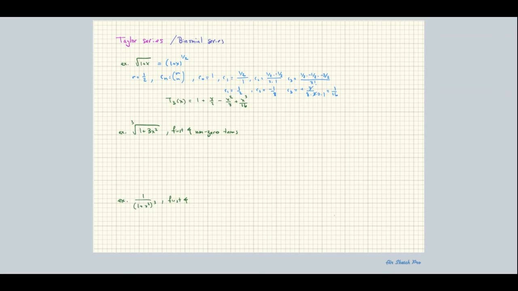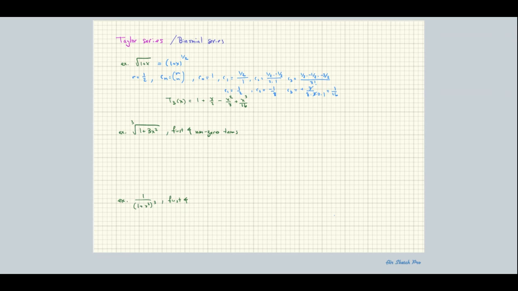Now, how about this one? You see the problem here is it's not 1 plus x. However, we looked at this last time, because I can treat it like it's 1 plus x, and then do a power lift. Actually, this would be a scaled power lift.